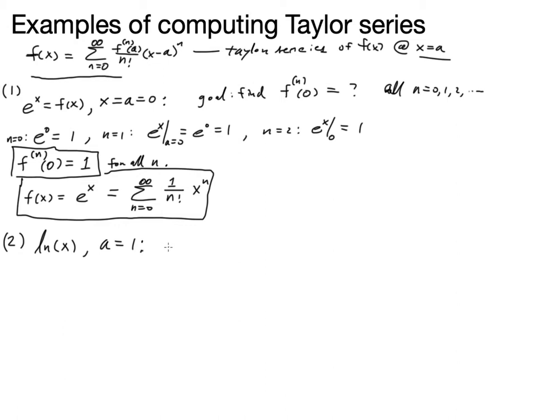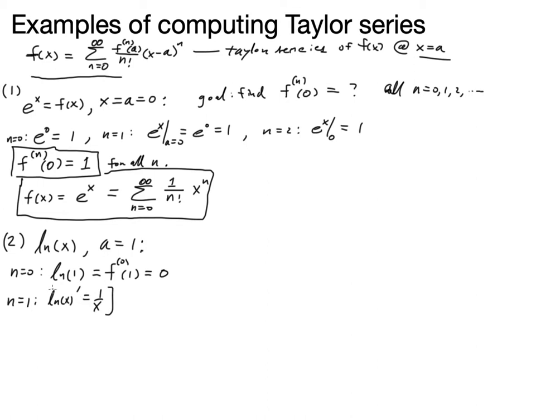Of course, we have to go through the values of n. Let's do n equals 0. We have natural log of 1, which is f, the 0th derivative, evaluated at 1, and this is 0 in this particular case. Now n equals 1. We know that the derivative of natural log of x is 1 over x.